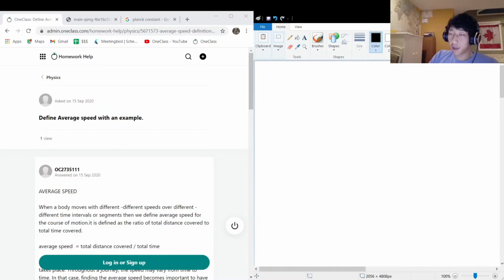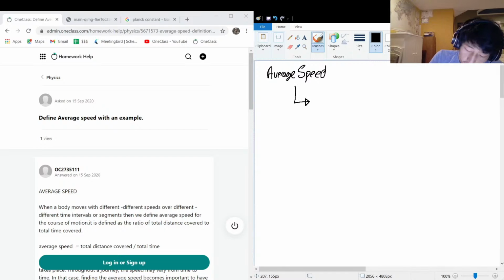Okay, next example that we got is how do we define average speed with an example. So average speed is defined as follows. It is the change in position divided by the change in time.